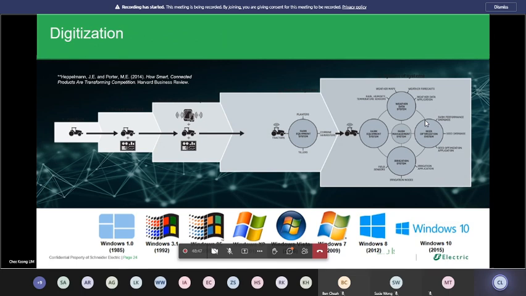So we have come a long way since 1985. From the very first MS-DOS, where you type in dir slash w to look at your directories, all the way to today, when I'm able to connect with everyone through Microsoft Teams, we have come a long way. And this entire process is known as digitization.